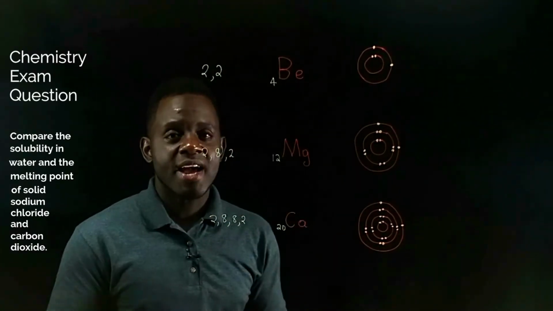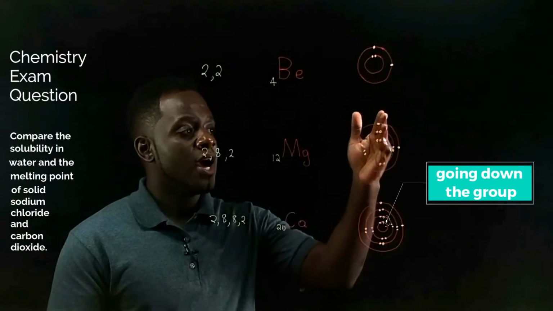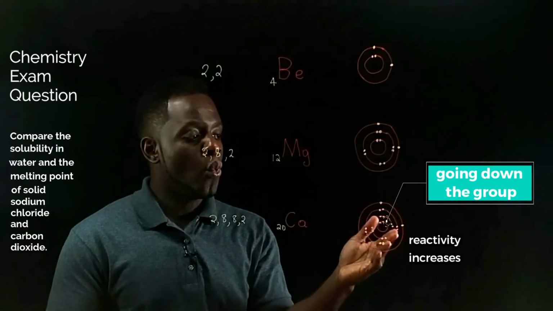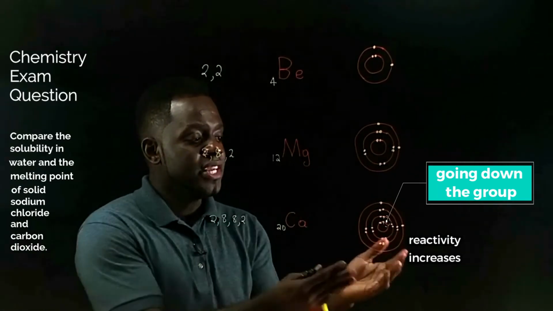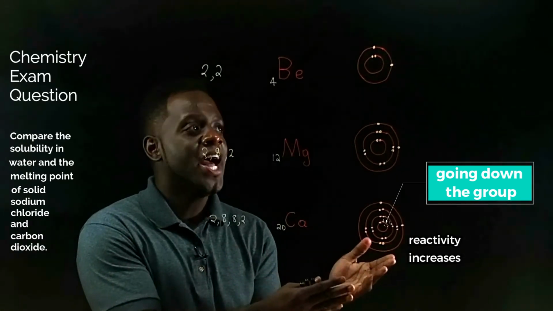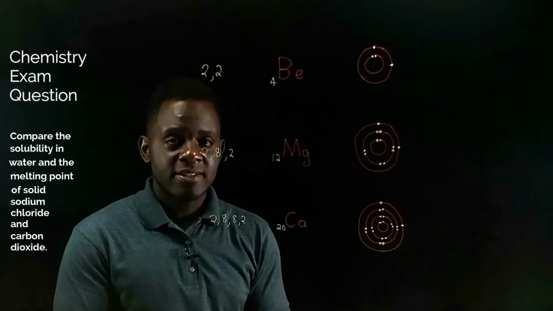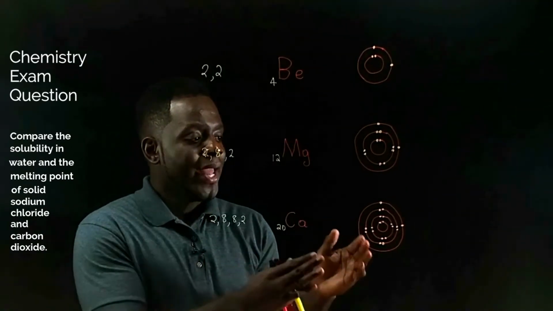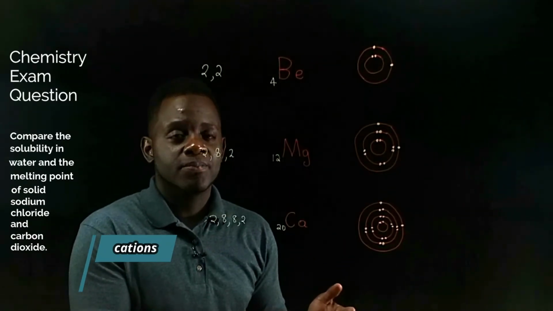Another effect this has is that these elements lower in the group will have a greater reactivity. So these elements react far greater, with much more vigor, than the element at the top of the group. And that is because when metals react, they do so by losing their electrons to become cations.